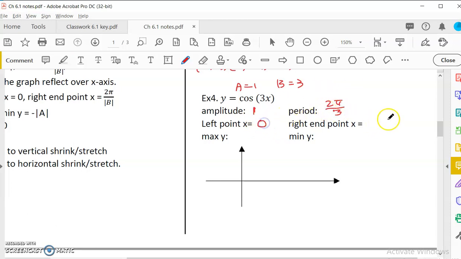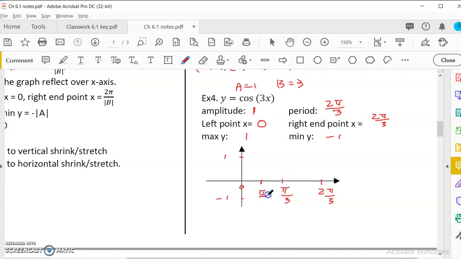The left end point is 0. The right end point is just the end of a period, 2 pi over 3. Okay. Y is 1 and -1. What is half of 2 pi over 3? Well, it will be pi over 3 because you have 2 pi, right? And then what is the middle between 0 and pi over 3?